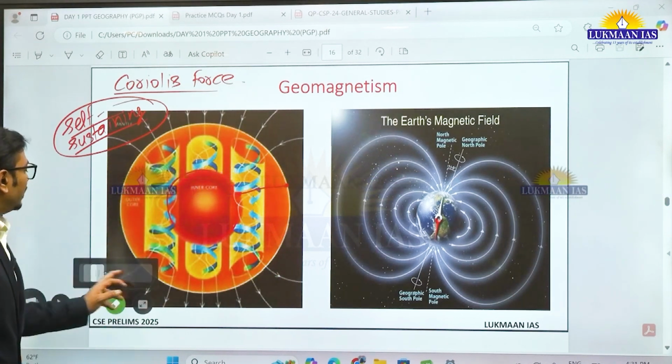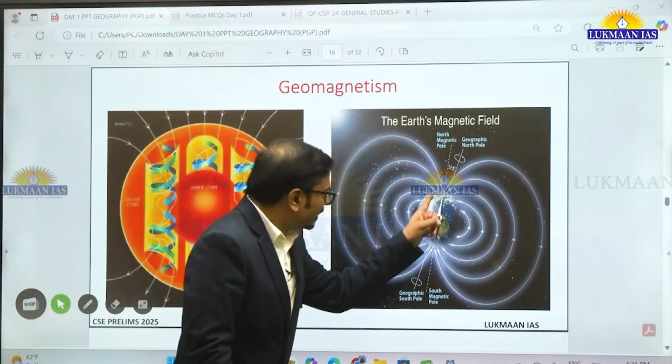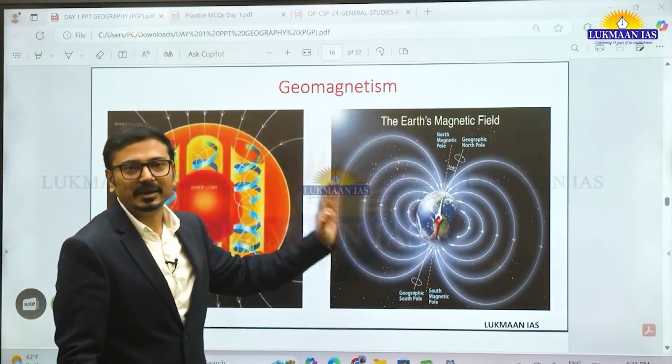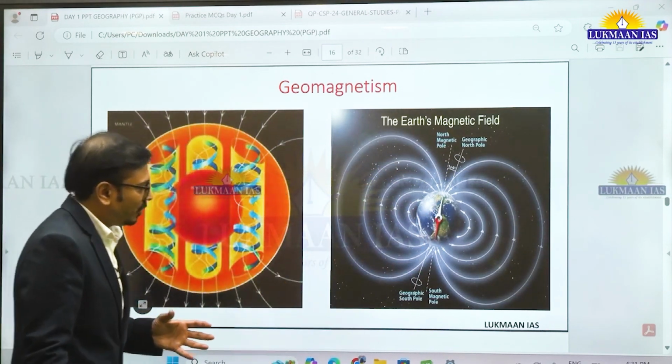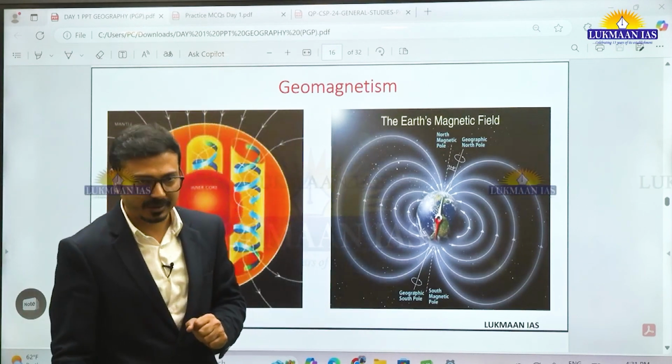Now we have, let's say, formation of earth's magnetic field. Pay attention here. There is a kind of bar magnet put in the center of the earth. It behaves like this, earth's magnetic field, and there are formations of north magnetic pole and south magnetic pole because of it.